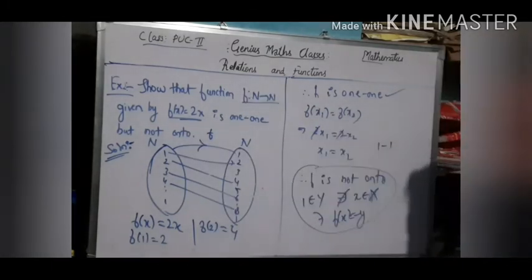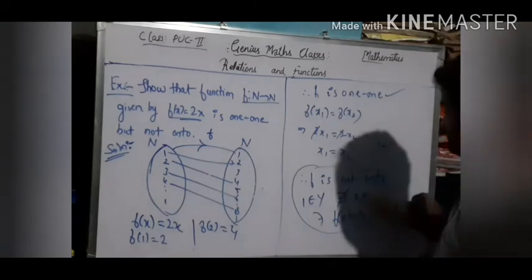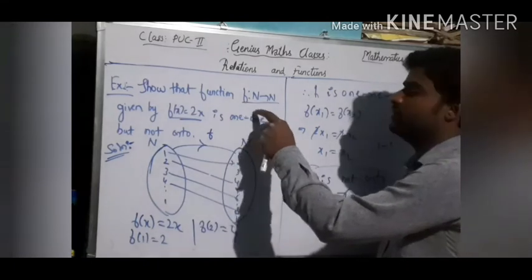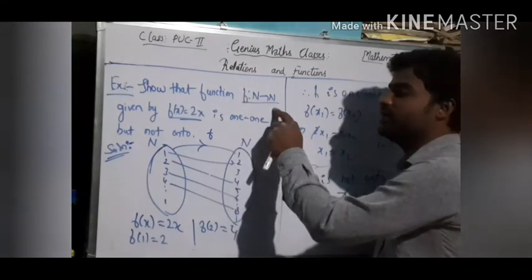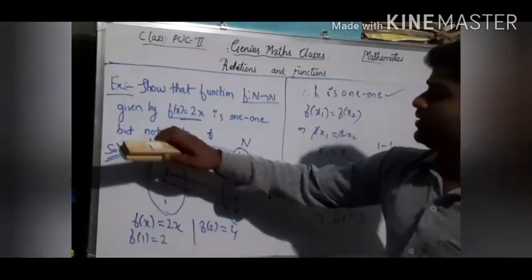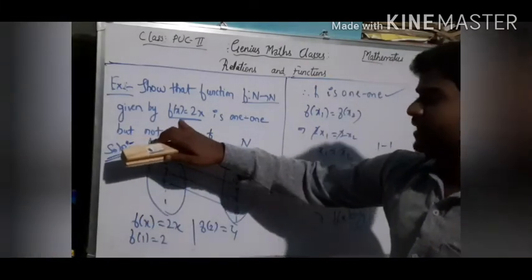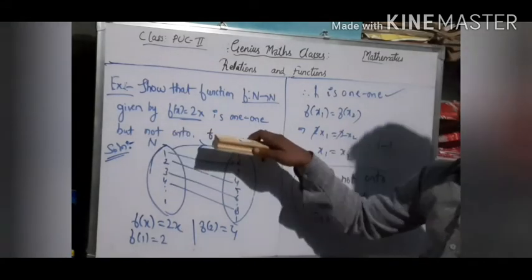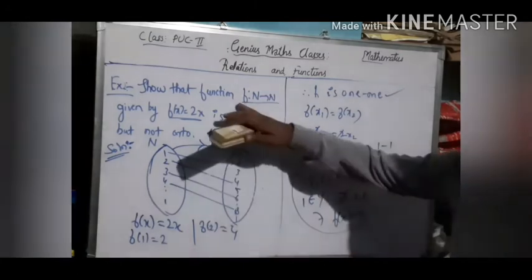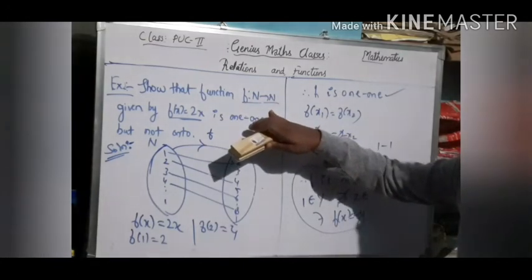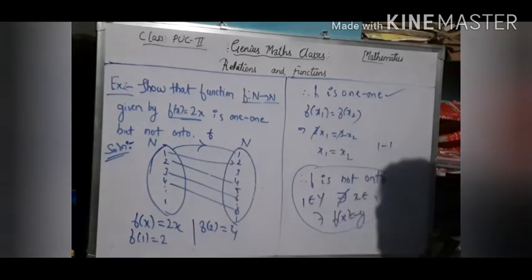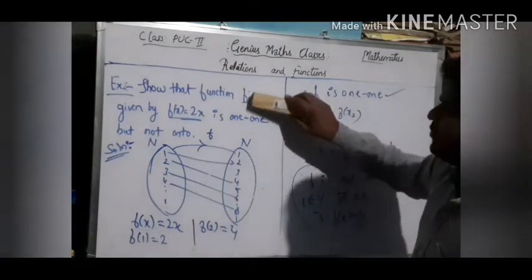Show that this function f from N to N, natural numbers to natural numbers, defined as f of x equal to 2x is one-one but not onto. So the definition depends on the domain and codomain.